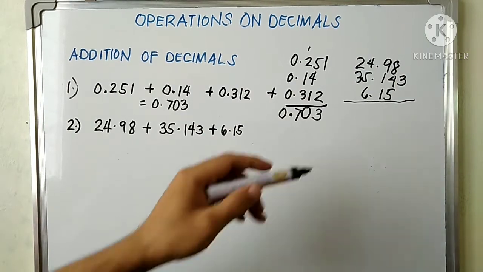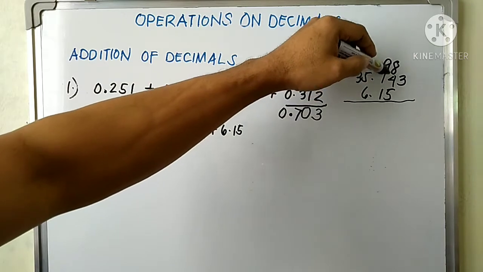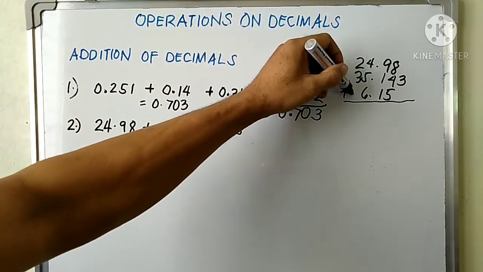So we have aligned the decimal points. You have to align also the digits, and proceed now to addition.